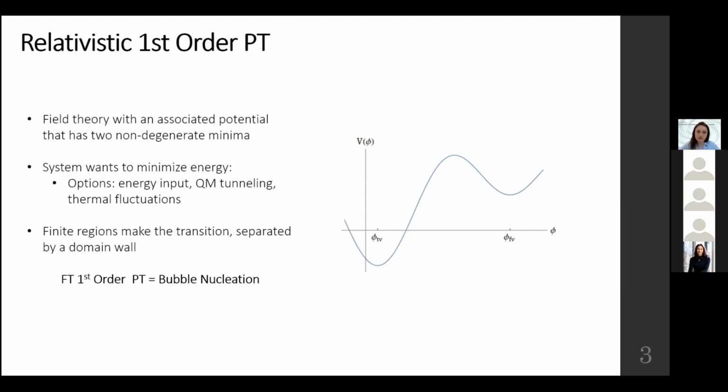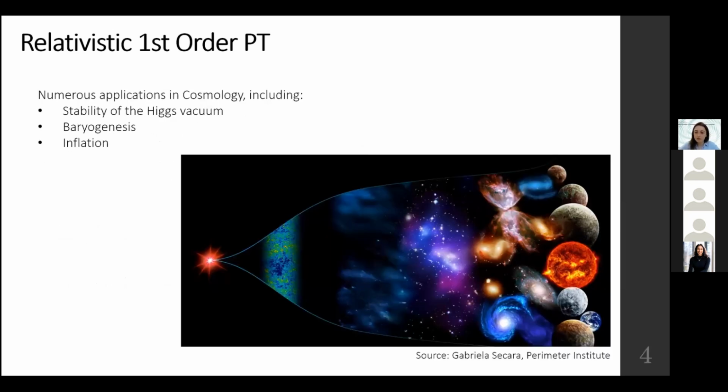Now, this is a phenomenon that is very useful and interesting for cosmologists because it is a great candidate for explaining various stages in the thermal history of our universe.